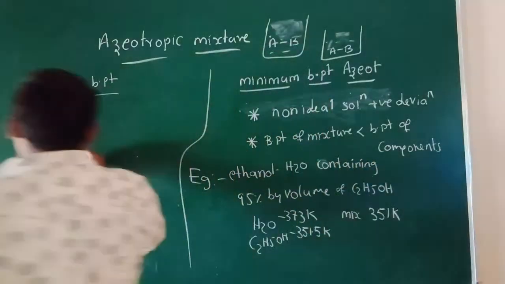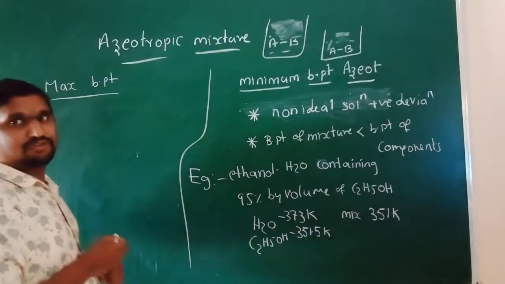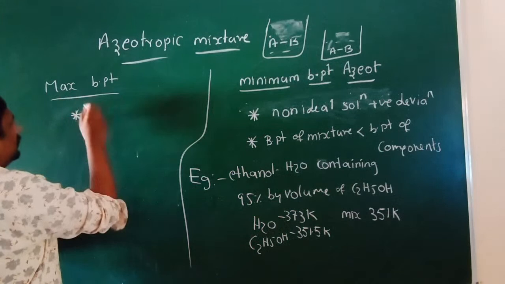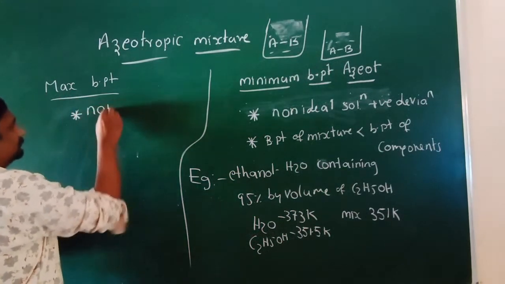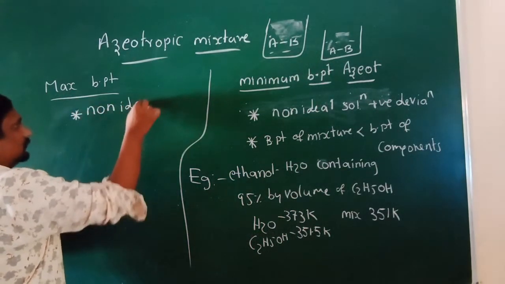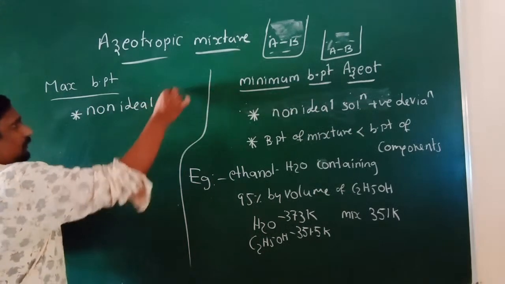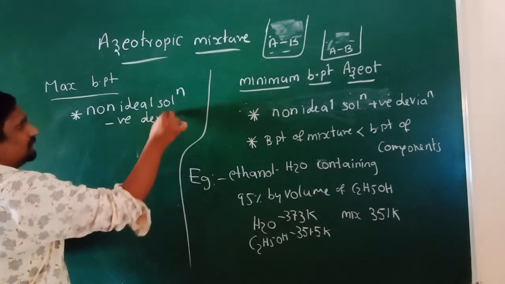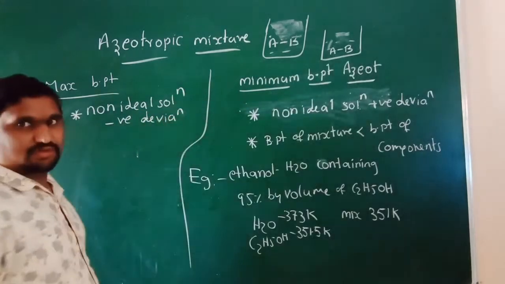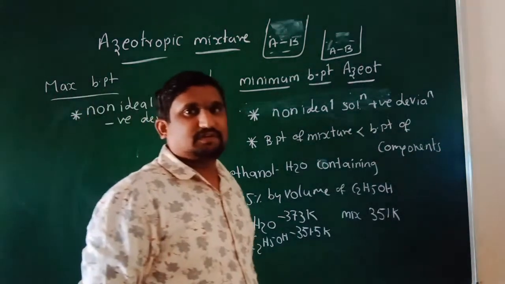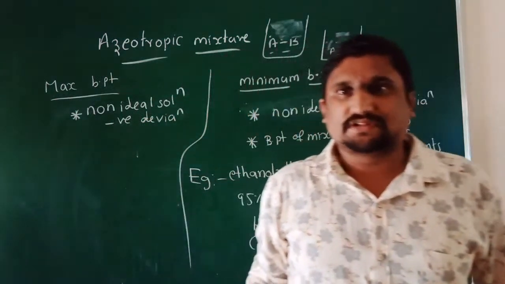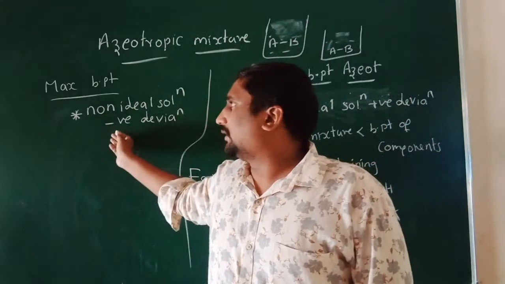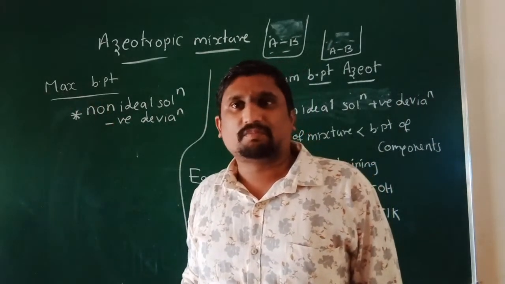Hence we can say that a maximum boiling point azeotropic mixture is formed by non-ideal solutions showing negative deviation.